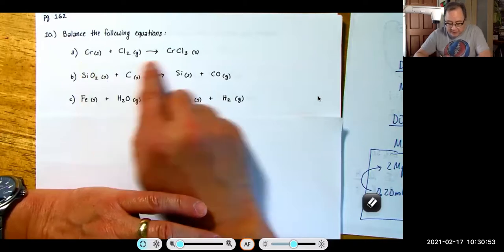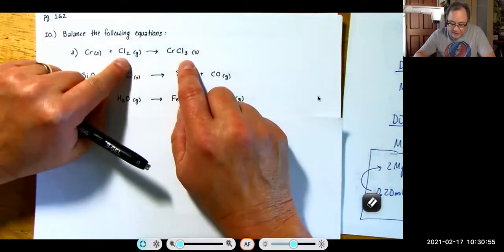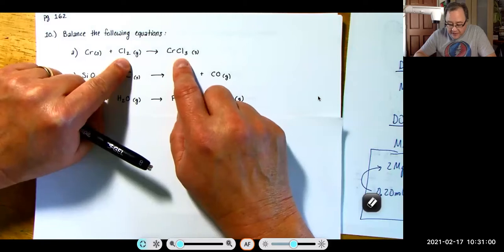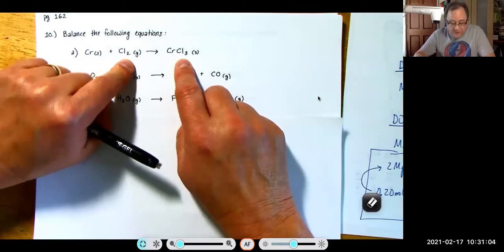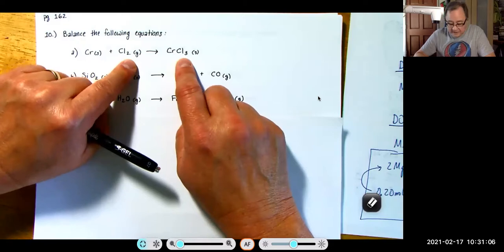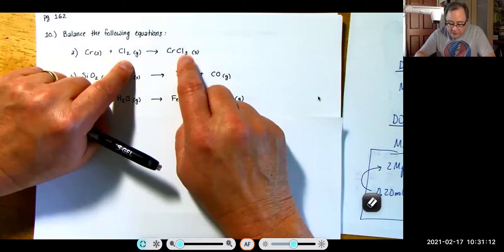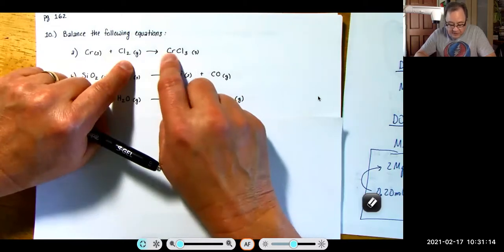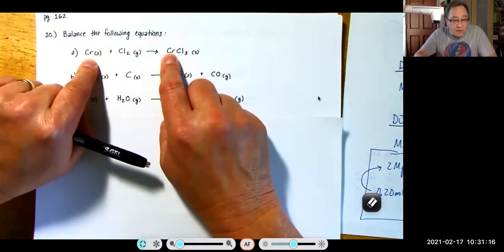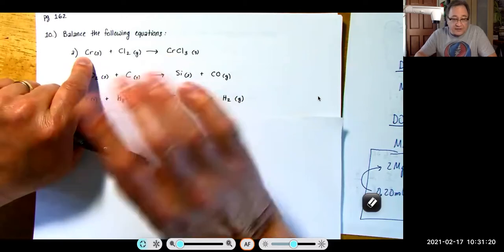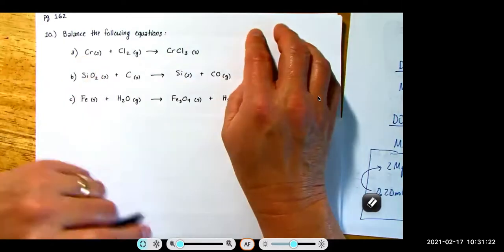The way to think about this one is here you have 2 chlorines and here you have 3 chlorines, and you know that you're going to have the same number of chlorines. So just multiply 3 times 2, that's 6. And say, well, I want 6 chlorines. How do I get 6 chlorines? You put a 3 in front of that, and here you put a 2 in front of that. And then when you put the 2 here, you got to put the 2 there. And you leave the chromium for last, because when you put the 2 there, you don't change anything else. Does that make sense? Right.